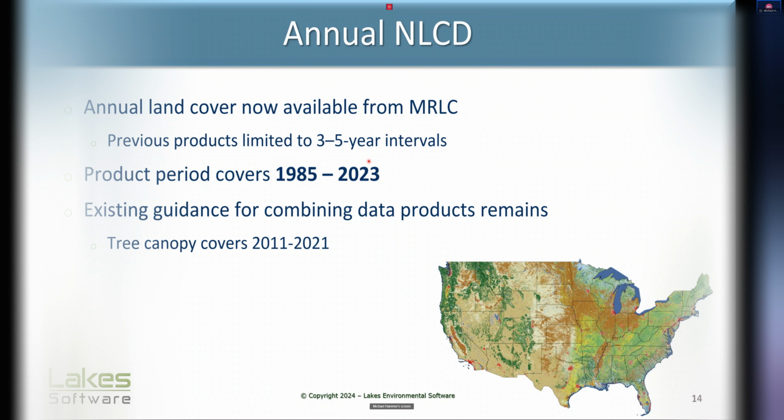These tree canopy and impervious surface data files help enhance the calculations by clarifying what areas contain what exact types of land use. But existing guidance calls for those product years of impervious and tree canopy data to align with the land cover data itself. So if I'm using 2021 land cover data, I would want the 2021 tree canopy and the 2021 impervious surface data to combine with that.